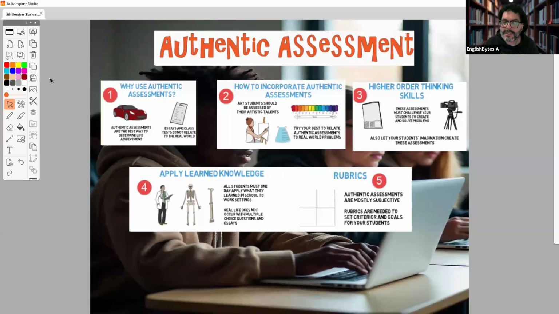So, talking about authentic assessment, authentic materials, why use authentic assessments? Well, they are the best way to determine real-life achievement. Essays and class tests, like I mentioned, do not relate to the real world.